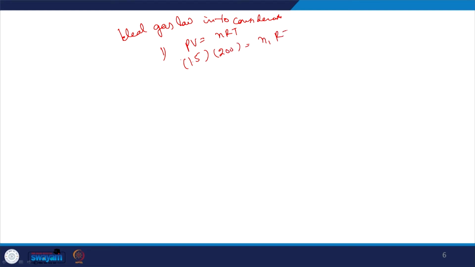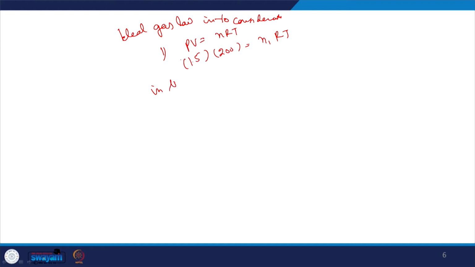Now, if we take the ideal gas law into consideration, that is PV is equal to nRT. So, we need to use this formula twice. So, 1.5 into 2 liter is equal to N1 RT.